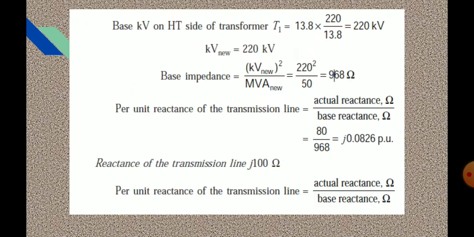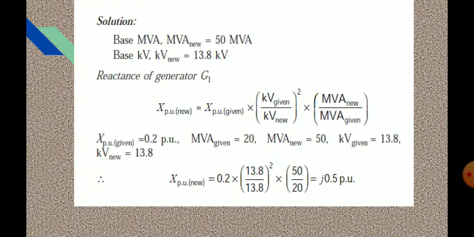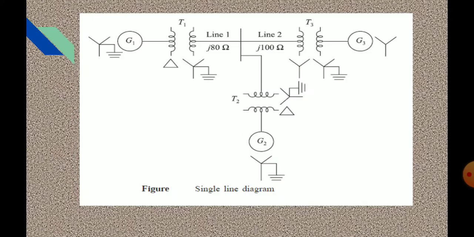Why? Because in generator 2, in this picture, we have delta on star connected grounded. Delta on star connected grounded means the base value will vary, because for transmission line 1 the impedance is 80 ohm, for transmission line 2 the impedance is 100 ohm, so the transformer ratio will vary.